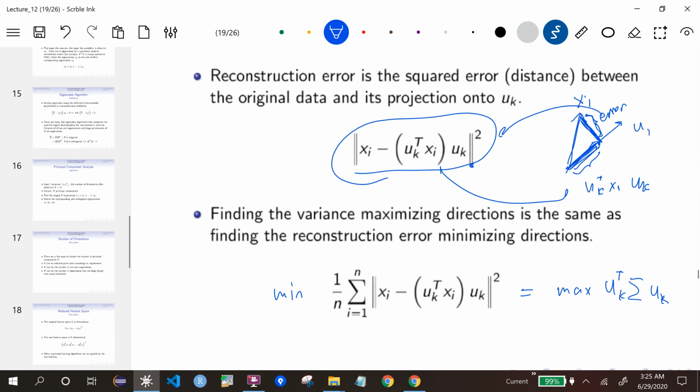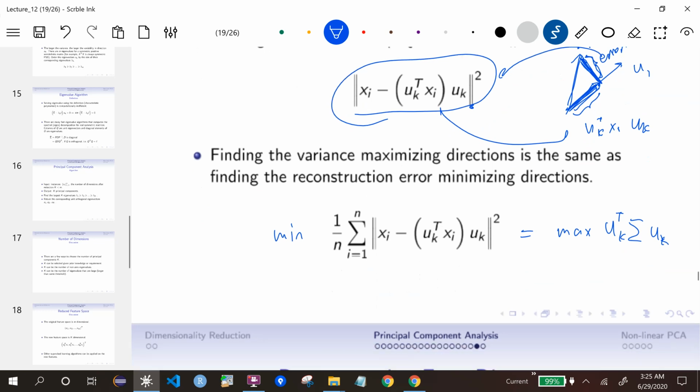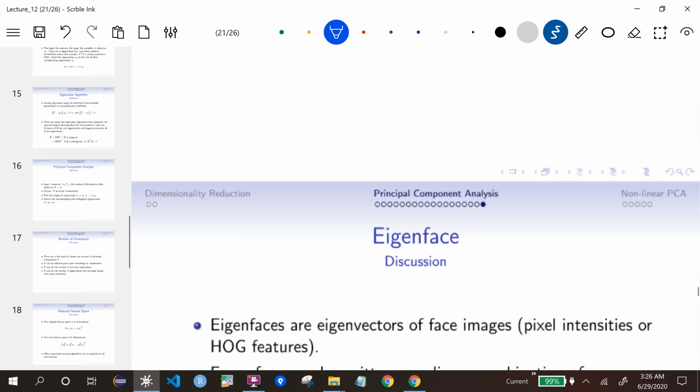Maximizing the variance is basically the same as minimizing that, it turns out. I'll not go through the mathematics, but you can just remember this as a result. They are equivalent. So we don't need a diagram.